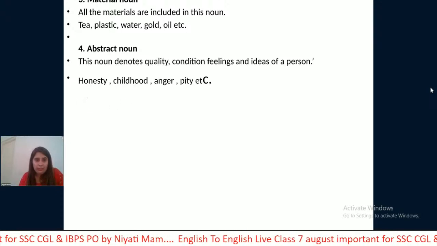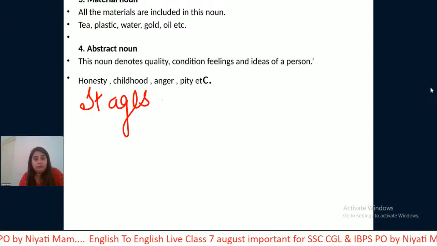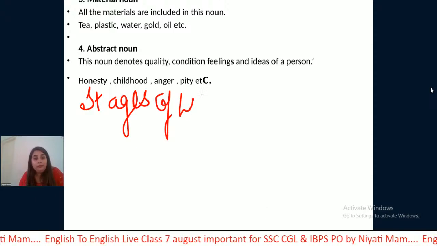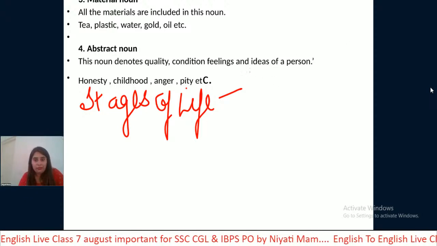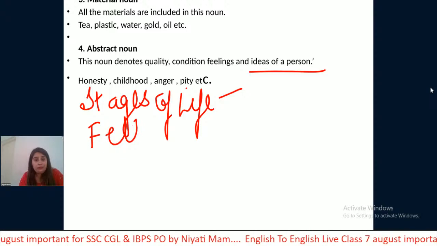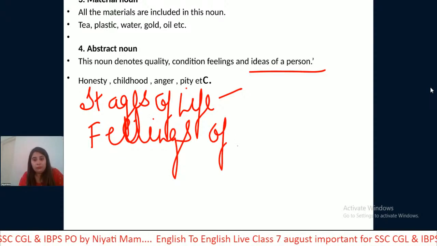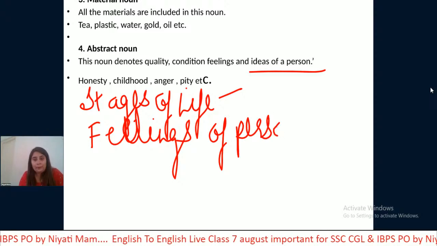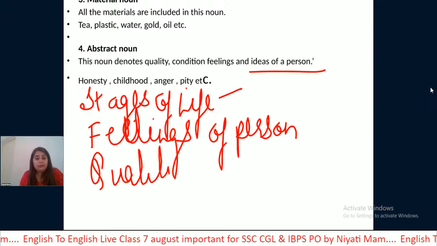You can say, this noun denotes stages of life, ideas of a person, which you can say in other words: feelings of a person, quality of a person.